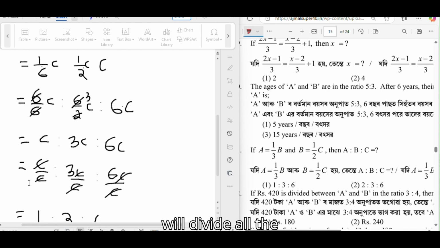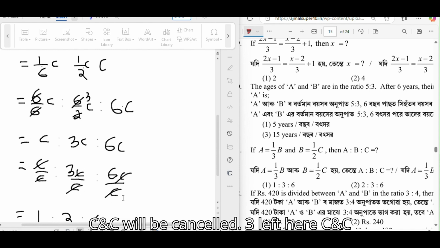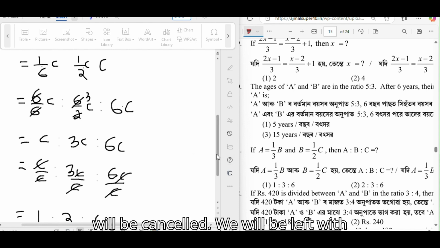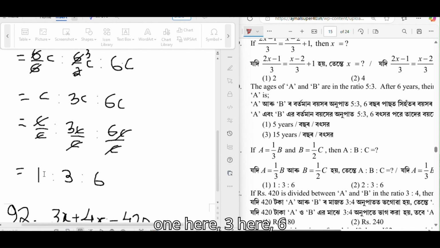We will divide all the given variables by C. C and C will be cancelled, 3 left here, C and C will be cancelled. We will be left with 1 here, 3 here, 6 here. So 1 is to 3 is to 6 is the answer.